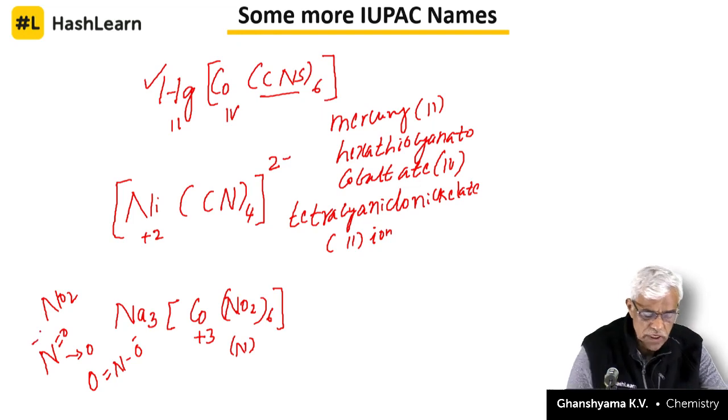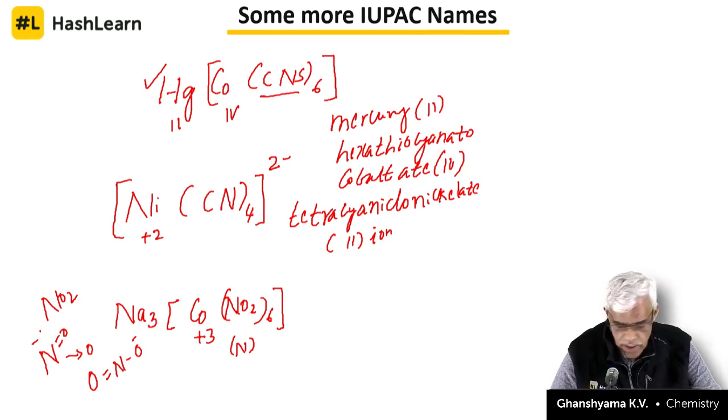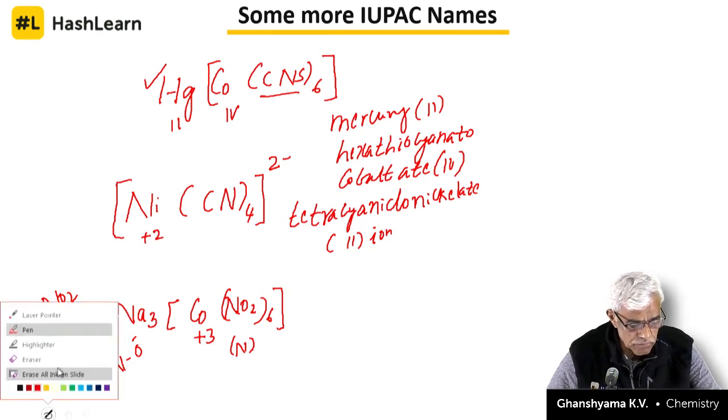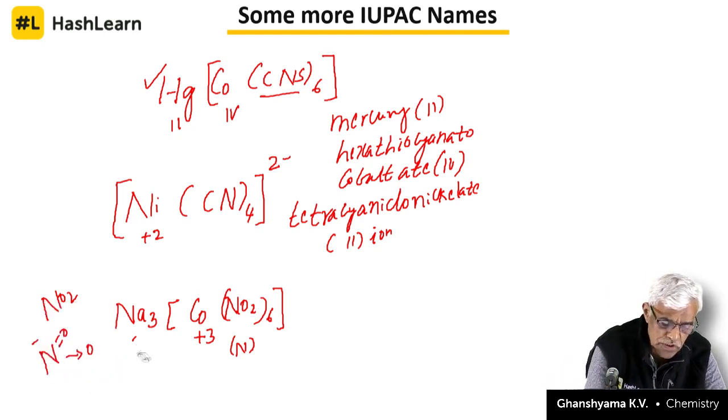So this is minus. This is nitrito O. So it's an ambidentate ligand. Therefore, oxygen may be connected or nitrogen may be connected. That's why I have selected this complex for writing the IUPAC names.